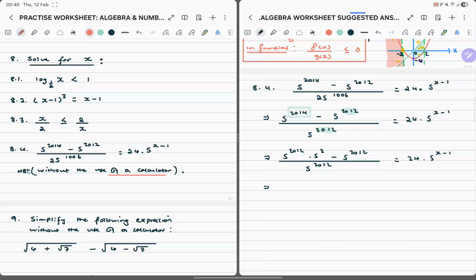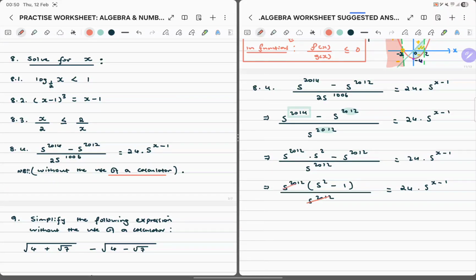Now we factorize by taking out the highest common factor: 5 to the 2012 into 5 squared minus 1, all divided by 5 to the 2012 equals 24 times 5 to the x minus 1.